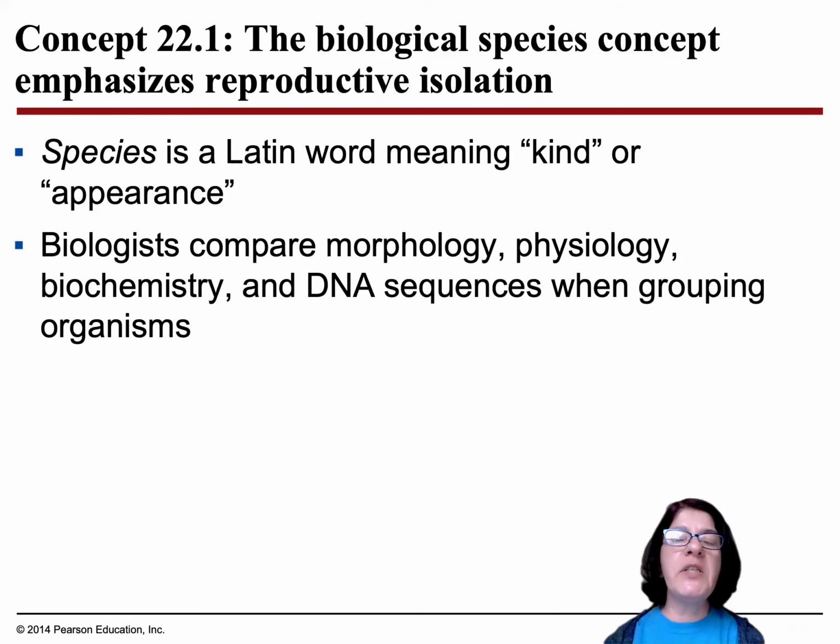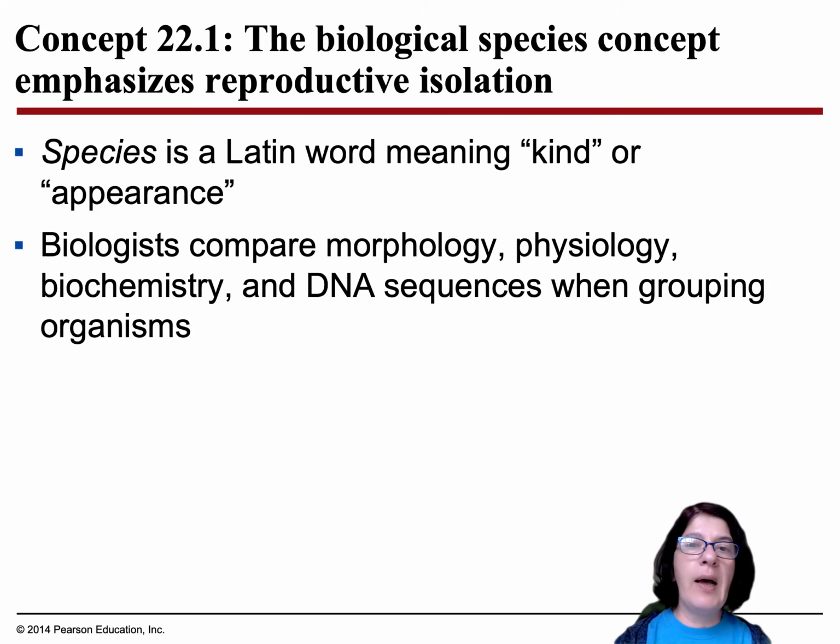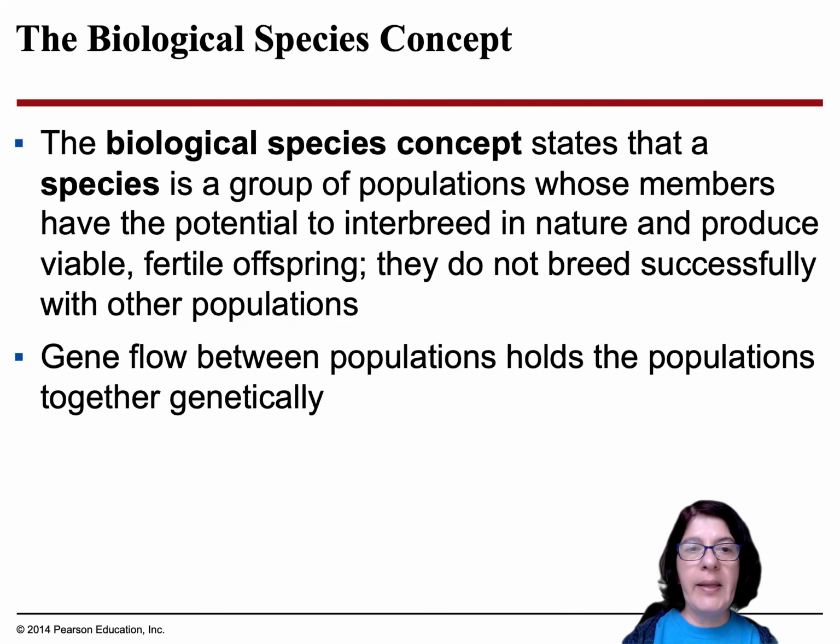The word species in Latin means kind or appearance, and biologists used to, and still do, compare different organisms by morphology, that's how they look, by physiology, by biochemistry, and most recently by comparing DNA sequencing when grouping them.